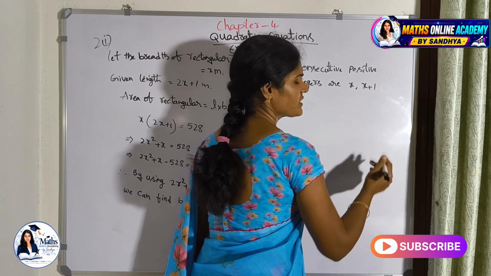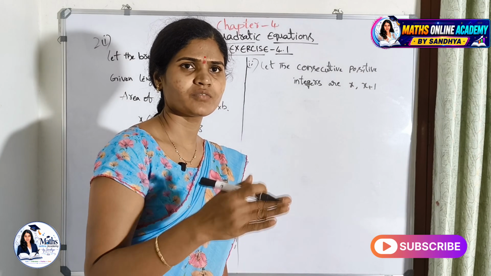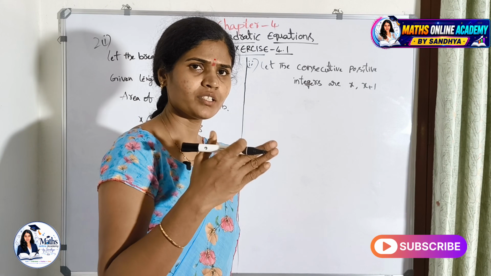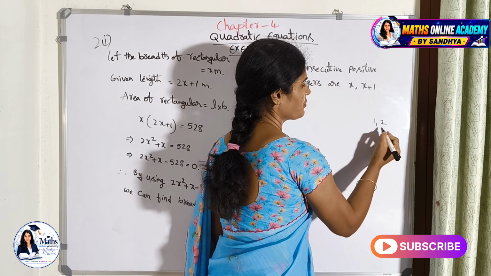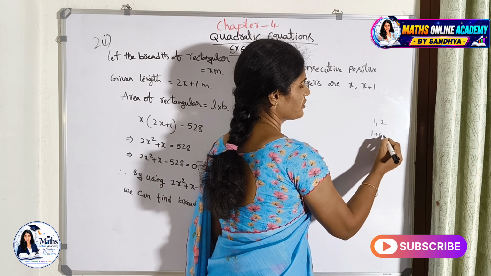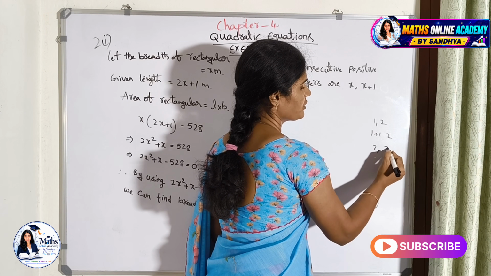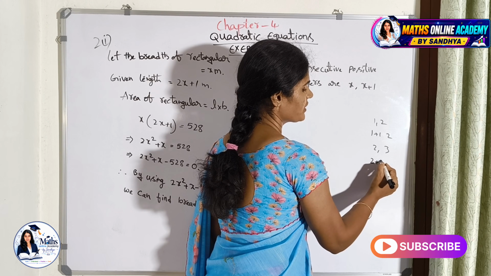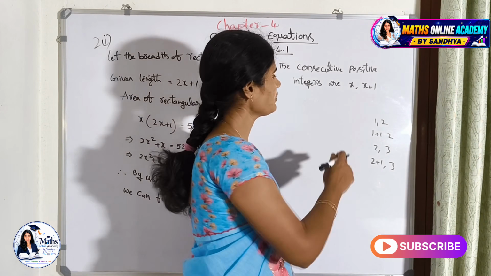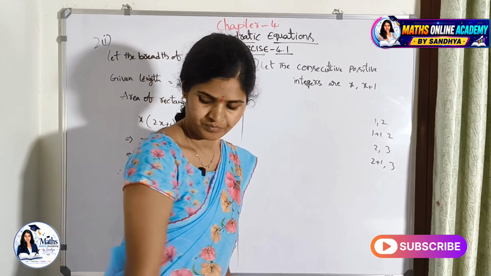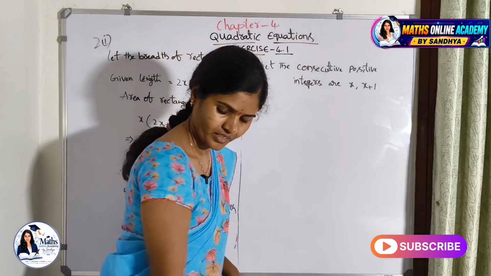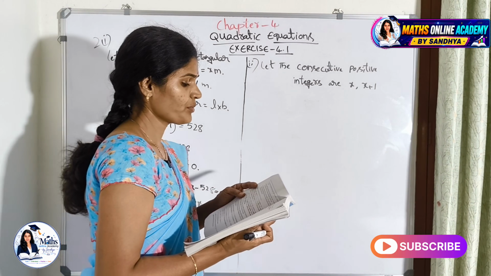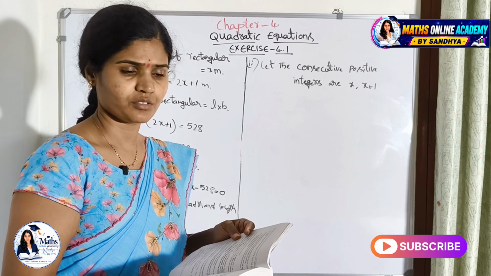The next one is compulsorily plus 1. 1, 2 means if you add 1 to the 1, you get the 2. For example, 2, 3 means if you add 2 plus 1, you get the 3. So x, x plus 1. The next number is compulsorily plus 1.